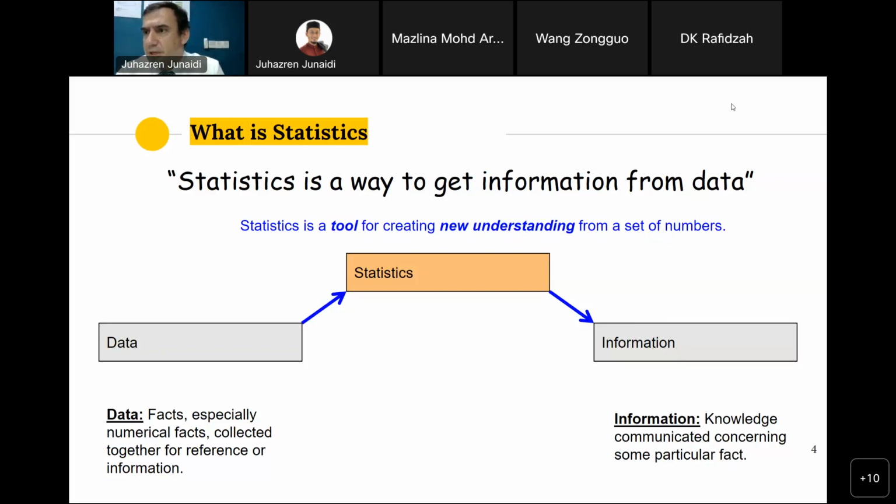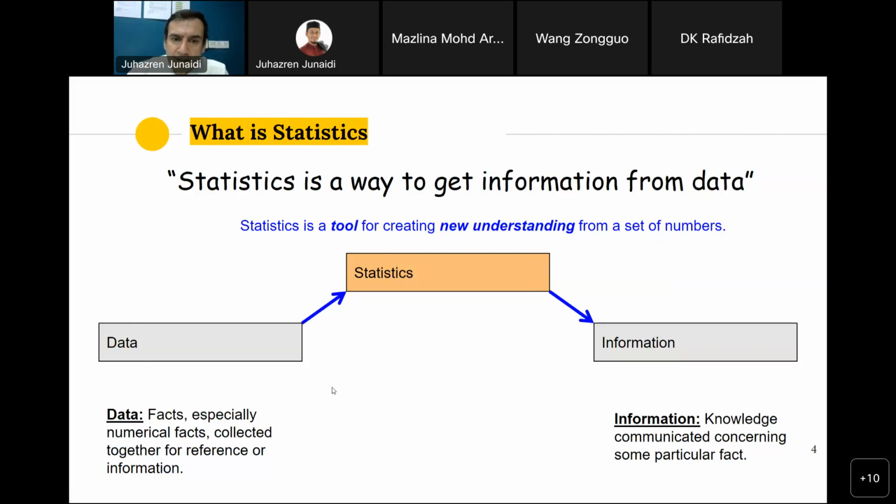statistics is doing. This is what statistics is doing. Statistics is the way to get information from data.